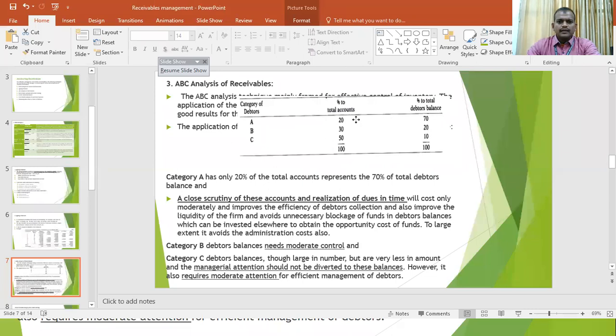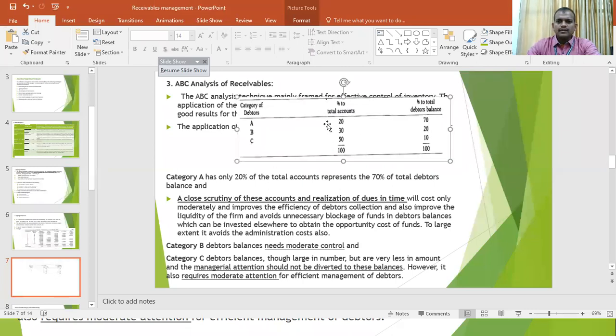A category debtors, they are having 20% of total accounts, but their balance is 70% of the total debtors balances. So 20% of account holders are carrying 70% of the total debtors.